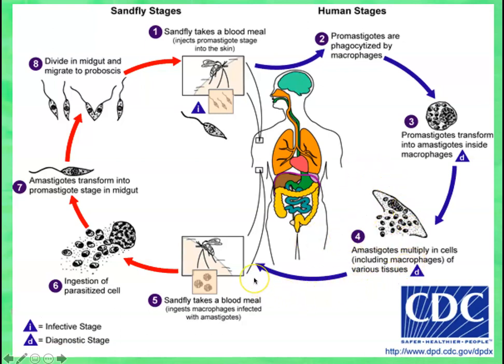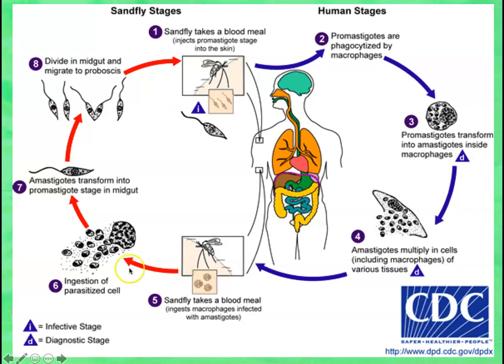So then, to continue the life cycle, another sandfly needs to come along. It's going to land on our skin and take a blood meal, and while it does that, it's going to ingest those macrophages infected with amastigotes. So that is the infective stage for the sandfly, is to ingest macrophages containing amastigotes.